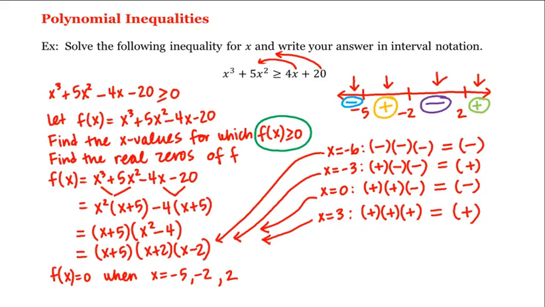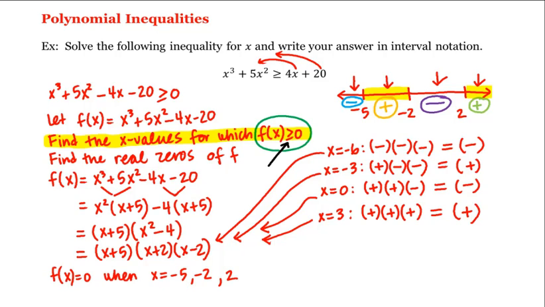Now remember, we want to find the x values for which f of x is greater than or equal to 0. And we just found that f is greater than 0 in this interval, as well as this interval. But remember, we also have this condition of equality here, which means we need to include the values that make f equal to 0 in our solution as well.